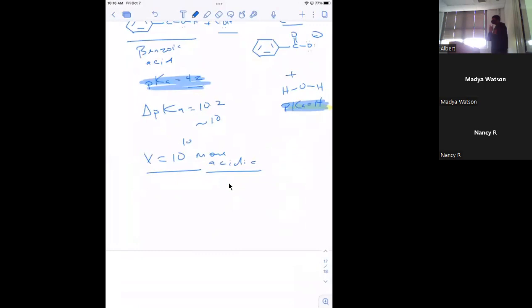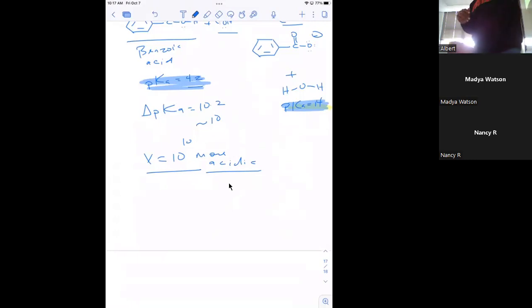Now we can answer this question: why is benzoic acid a better acid than water? How are we going to do that? When we say why, not how much, but why? Stability. Even more resonance than water. Well, not water, because you're comparing the bases.